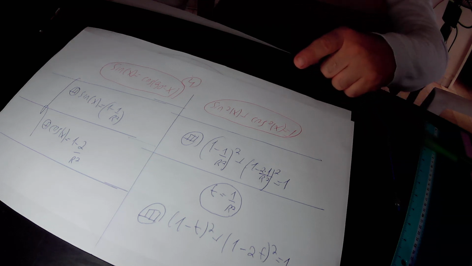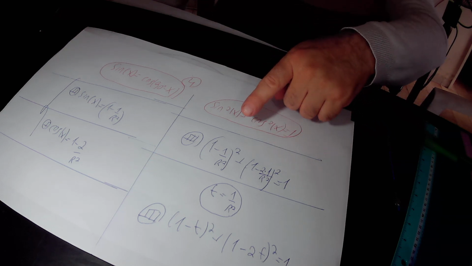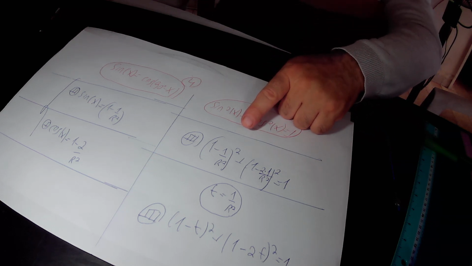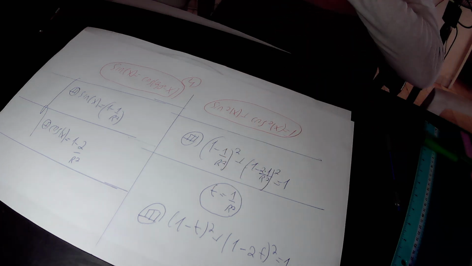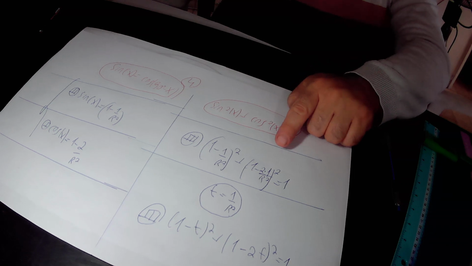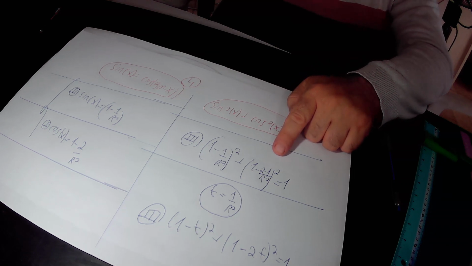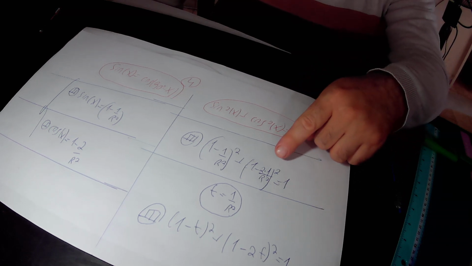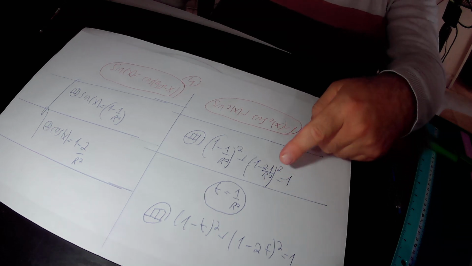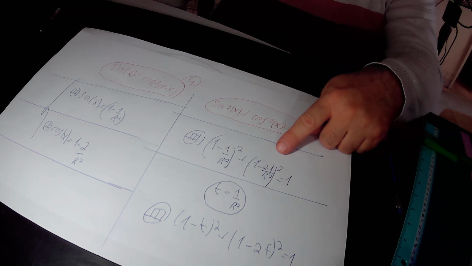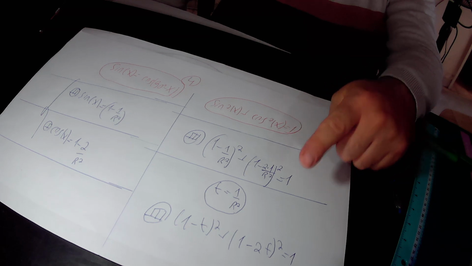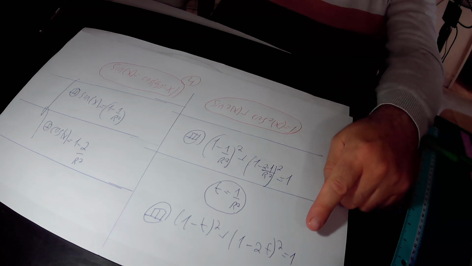According to equation 3, we have here (1 minus 1 over r squared) squared, where 1 over r squared is t, plus (1 minus 2 over r squared) squared, where 1 over r squared is t. So in total the expression is (1 minus t) squared plus (1 minus 2t) squared equals 1.